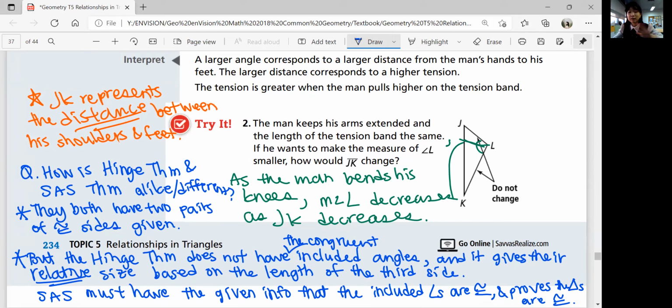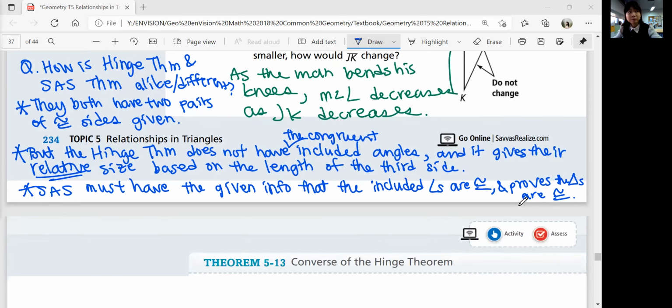So it's a relativity. We're comparing the triangles. But SAS must have the given information that the included angles are congruent, and SAS is for proving the triangles are congruent. That is for congruency. Okay, so please keep that in mind.